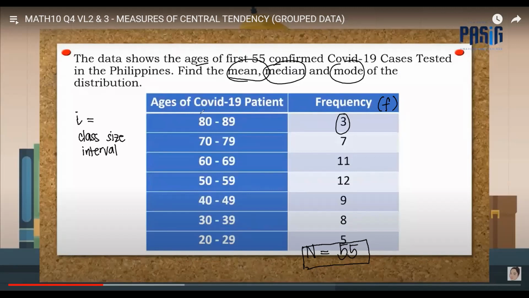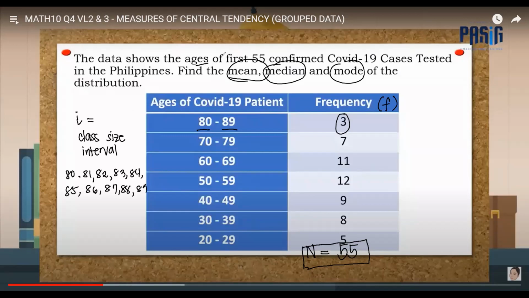Ibig sabihin, tulad nito, nag-start tayo sa 80, natapos tayo sa 89. Gaano kalayo yung data? Ano-ano yung mga ages na sakop nitong age bracket na to? Okay, so kung bibilangin natin, we have 80, 81, 82, 83, 84, 85, 86, 87, 88, 89.